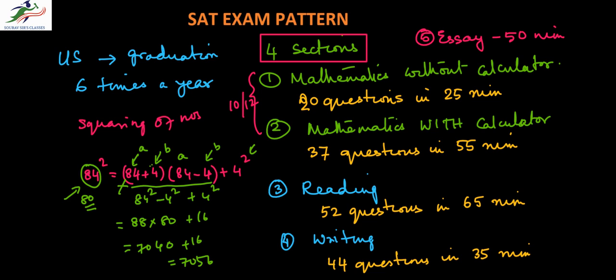So all you need to do is mentally increase 84 by 4. So mentally you do this 88 into 80, and you know that you have added and subtracted 4, so you have to add 4 square. So all you need to do is 88 into 80 and get 7040, and mentally add 16 to get 7056. So this takes a few seconds to do if you practice it a little bit.